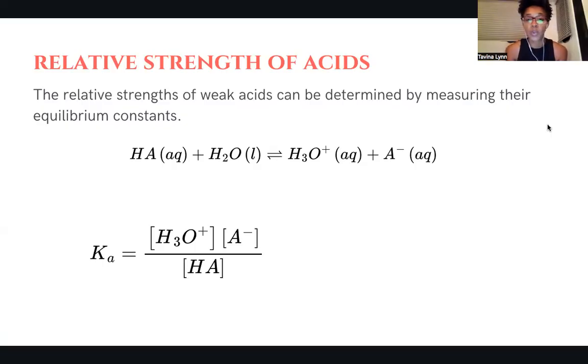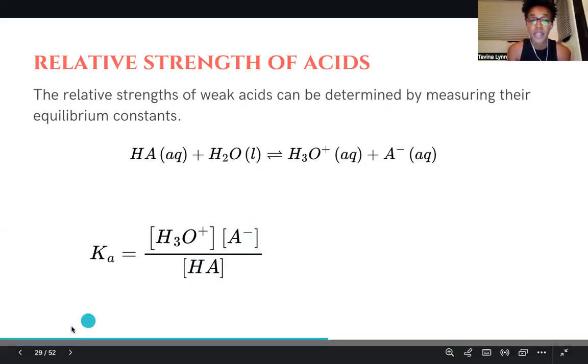So understanding the equilibrium between the dissociated ions and the undissociated weak acid is more applicable to weak acids. So here's our equilibrium constant, where we have concentration of products over reactants: the concentration of hydronium ions times the concentration of the conjugate base of our weak acid, over the concentration of our weak acid, to give us Ka.